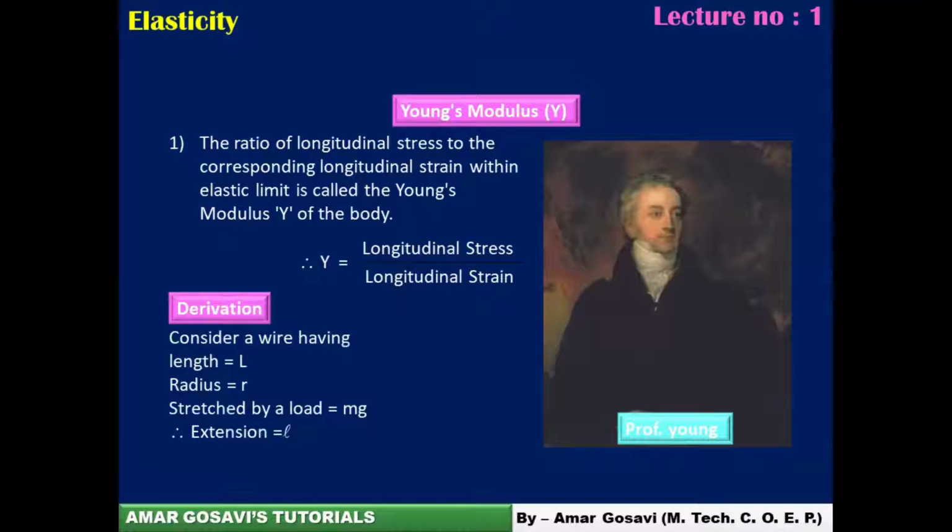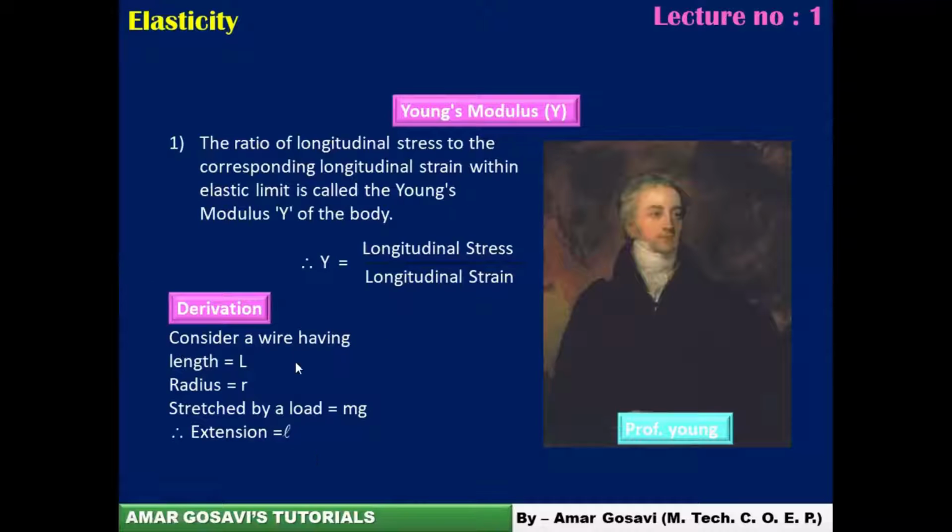For the derivation, if capital L is the original length and the radius is small r, then the load applied will be m into g and the extension is small l. For these values we have created the equations for longitudinal stress and longitudinal strain. We will substitute these values in the corresponding equation to get the Young's modulus.